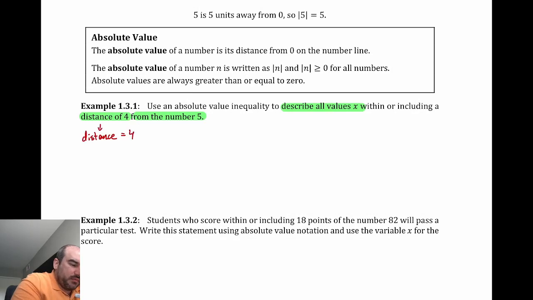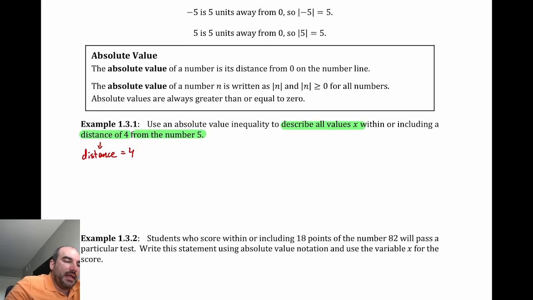Let's rewrite that. Distance is going to be 4. What do we want to be 4? We want all of the values x that are a distance of 4 from the number 5.